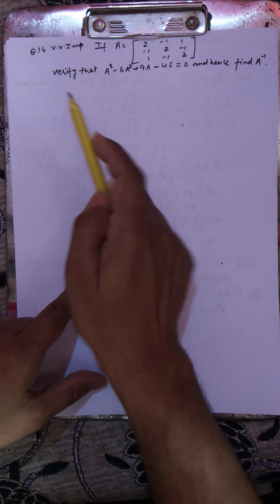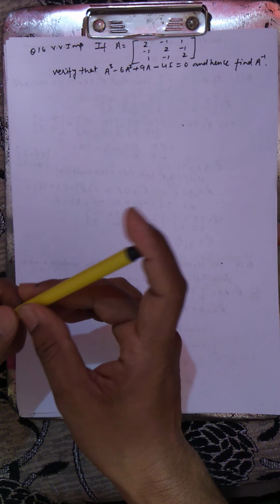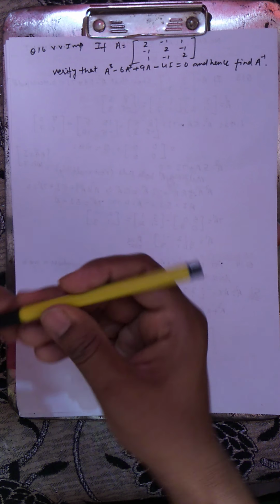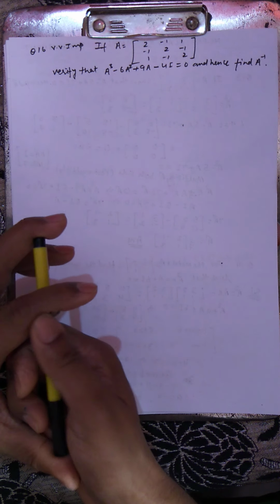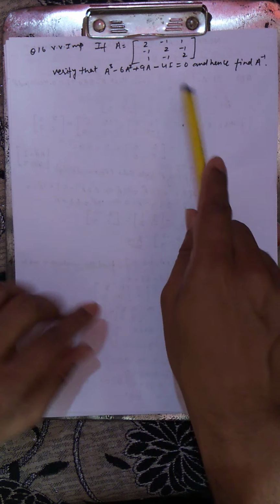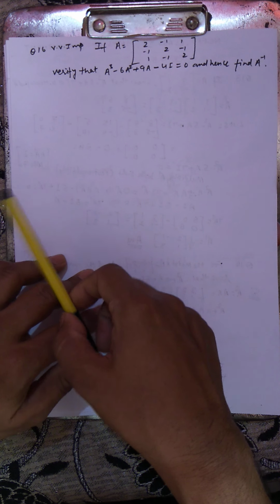Come to this question number 16, which I have written as very important. From the examination point of view, this question is really important. 2 cross 2 matrix questions can be asked in the exam also, but the chances are of 3 cross 3. So this is of that type. There are 2 types and there is one more type given in the solved example also.